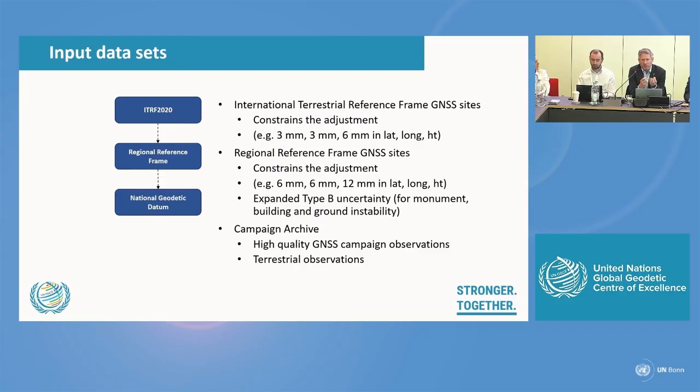What was the building or the structure that you were working on like? What was the ground instability like? You can add some sort of professional judgment there around a type B uncertainty and add that in to enhance the uncertainty of those measurements. And then we included campaign data. And that was either high quality terrestrial observations or high quality GNSS campaign observations that weren't from CORS sites.